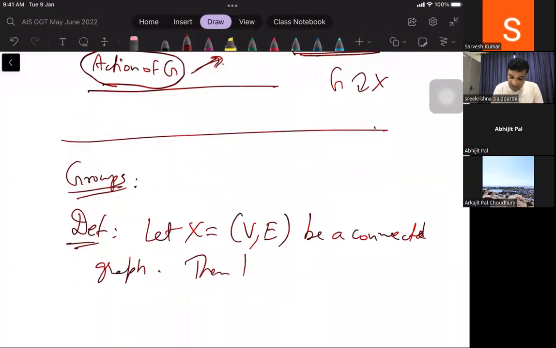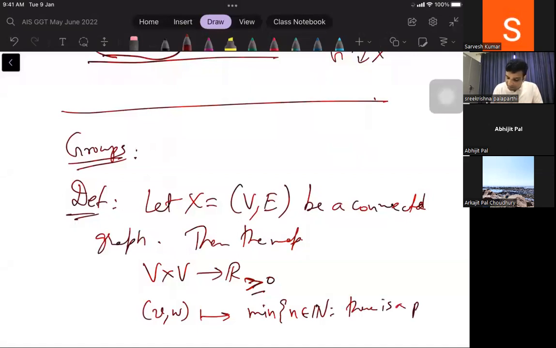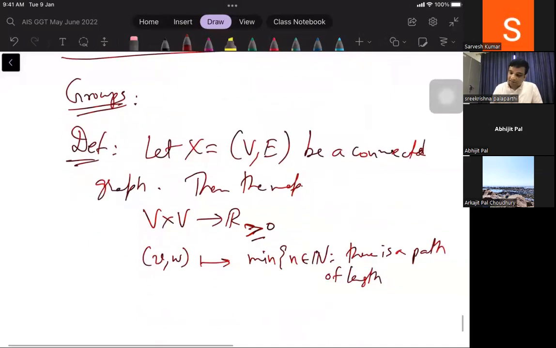Then the map from V cross V to the non-negative real numbers, V comma W goes to the minimum n such that there is a path of length n connecting V and W in X. We define paths by using that length for connected graphs.